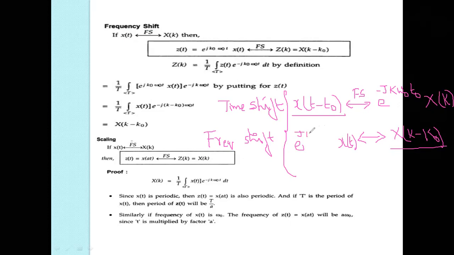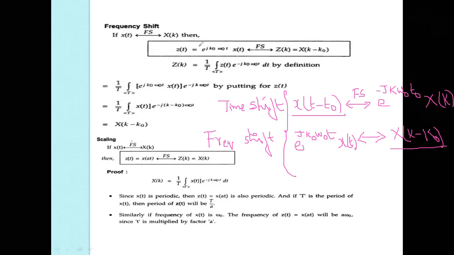K is the frequency, so k naught samples, k naught omega naught into t. Now you can understand. In the time shift property, the Fourier series coefficient is multiplied with this factor. And in the frequency shift, the time signal is multiplied with this factor: e power j k naught omega naught t. Here, e power minus j k omega naught t.